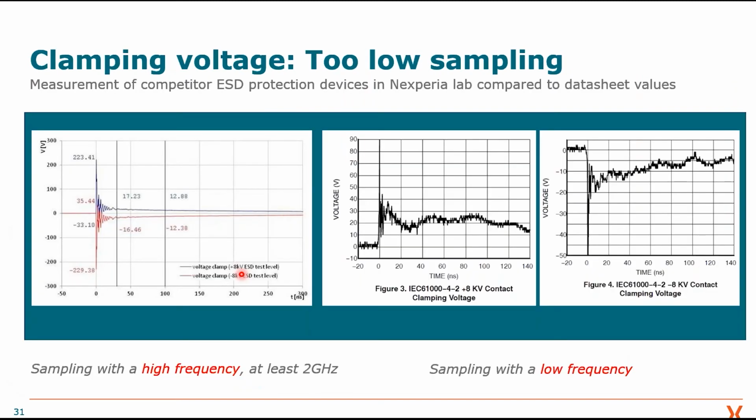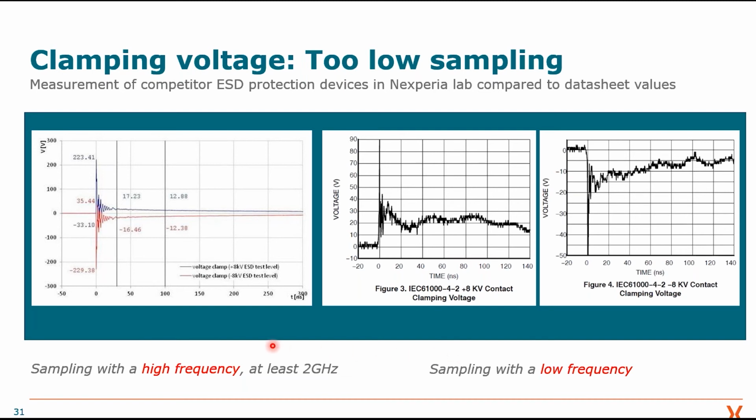A few short statements on how to measure this voltage with the oscilloscope. On the right side you can see some curves of the clamping voltage you can find on data sheets, and this is done with an oscilloscope at a low sampling rate.